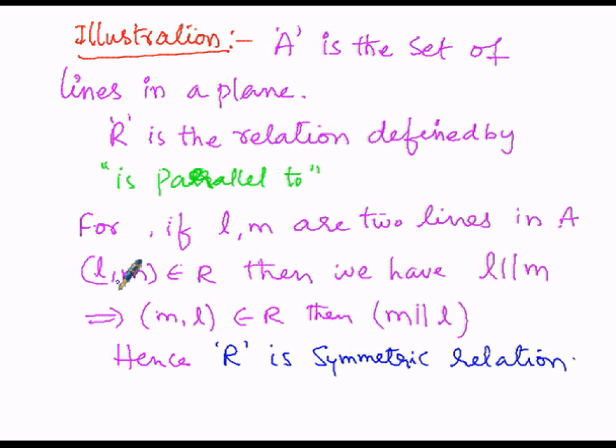When L, M belongs to R, that is L is parallel to M, then M, L belongs to R, that is M is also parallel to L. Therefore the relation R comes under the symmetric one.